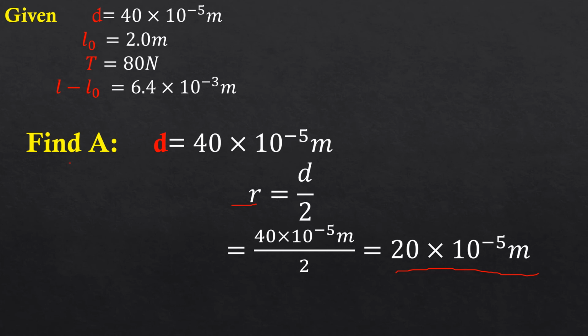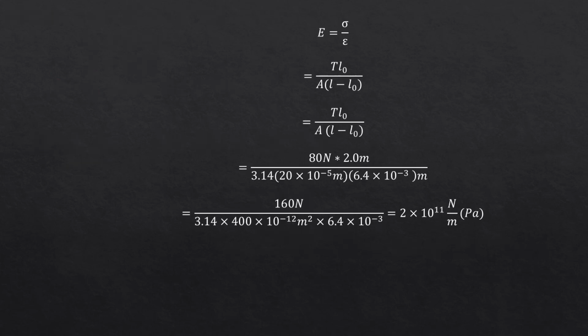So how will you find A? Students, you will put all the values in their positions. Here we have the area, which is pi r square.